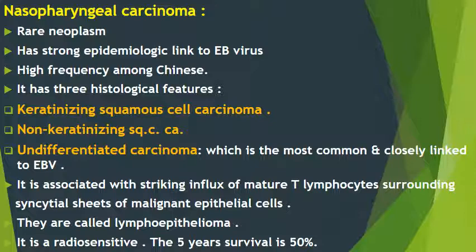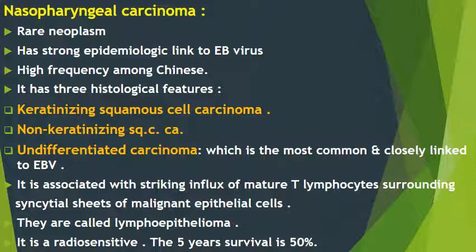It has three histological types: keratinizing squamous cell carcinoma, non-keratinizing squamous cell carcinoma, and undifferentiated carcinoma. This undifferentiated carcinoma is the most common and closely related to Epstein-Barr virus infection.